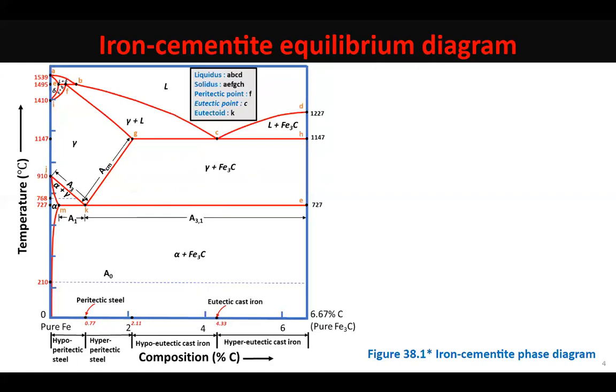So the answer to the first question is that any iron carbon alloy which has carbon in the range 0.02% to 6.67% will always show the eutectoid reaction. Practically speaking, virtually all steels and all cast irons will definitely show the eutectoid reaction when they reach 727 during cooling or during heating.